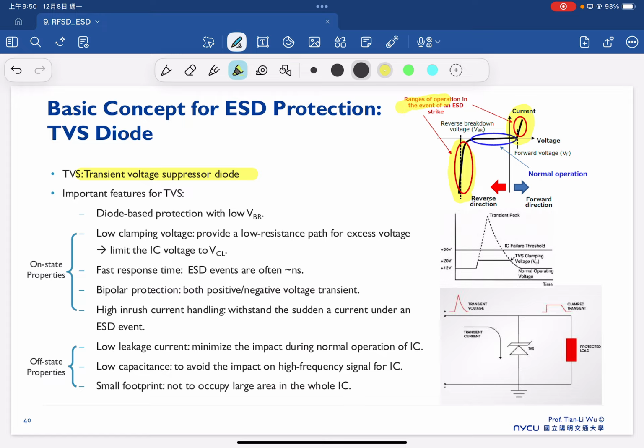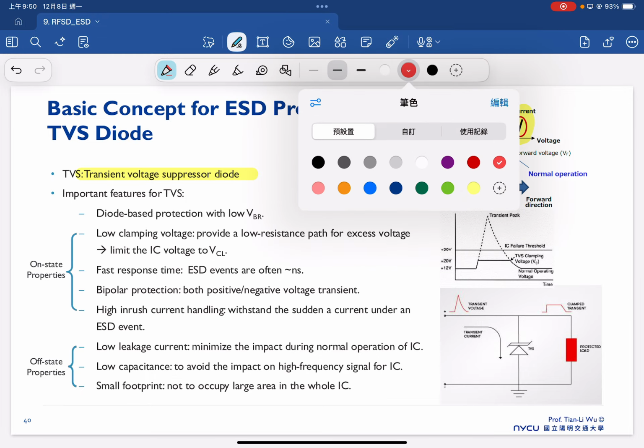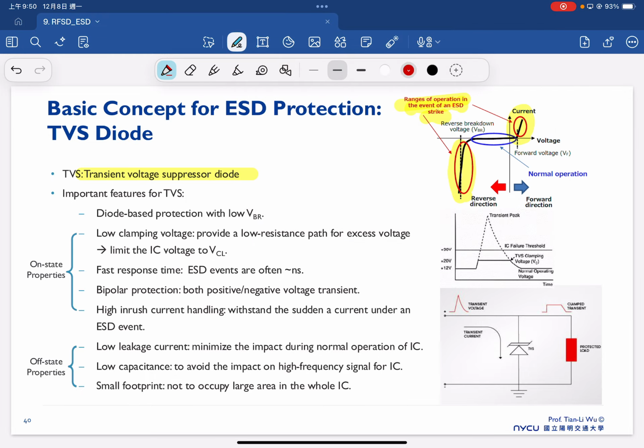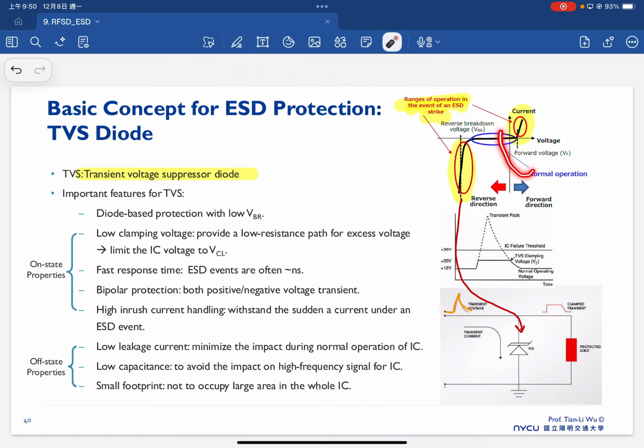This is the range of operation in the event of an ESD strike. If we place this TVS diode next to our protection device, and suddenly there's an ESD voltage strike, no matter whether positive, it will turn on.